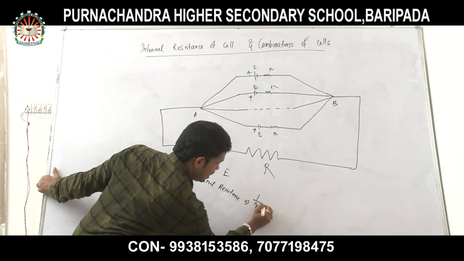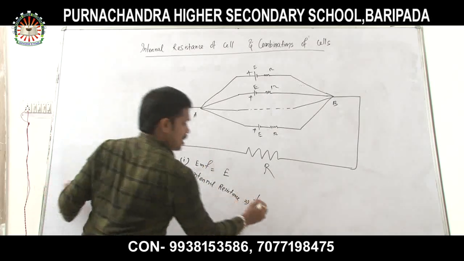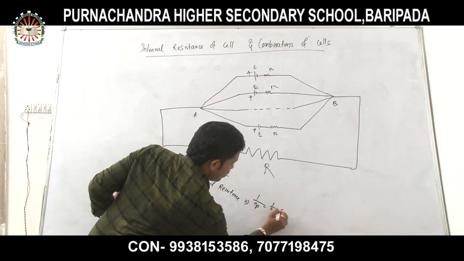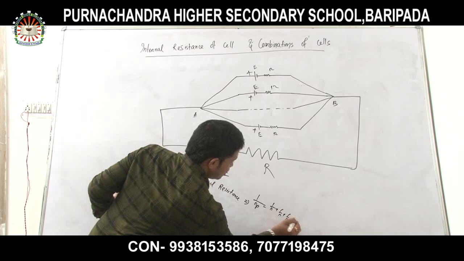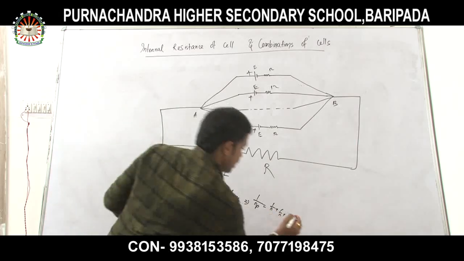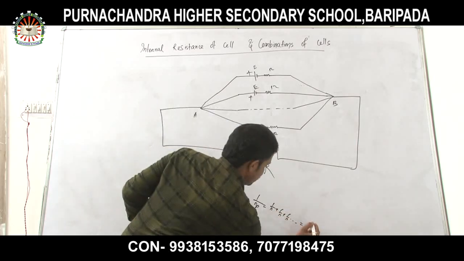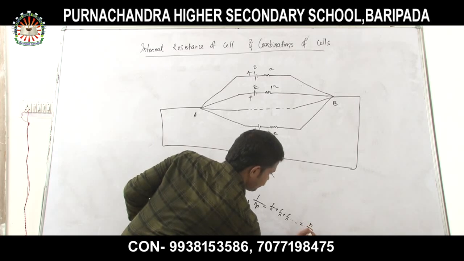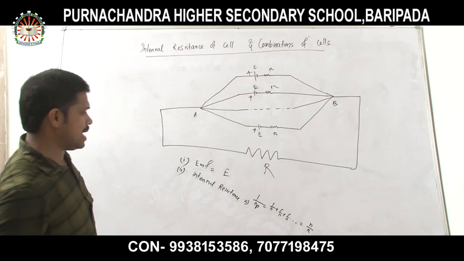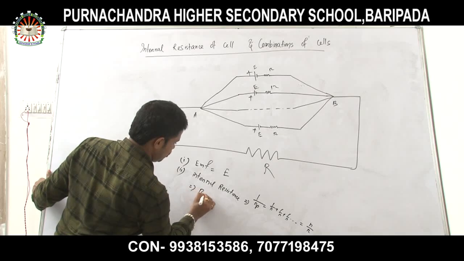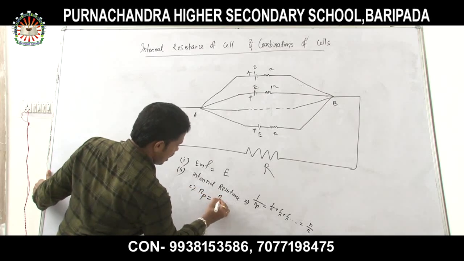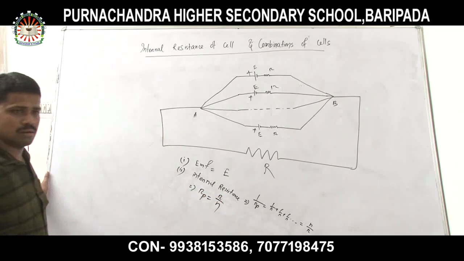Look here, all the resistances are connected in parallel, so we take the reciprocals. 1 by Rp is equal to 1 by r plus 1 by r, and so on. Very simple. So what is that value? That value is nothing but n divided by r. So the net internal resistance is r divided by n.